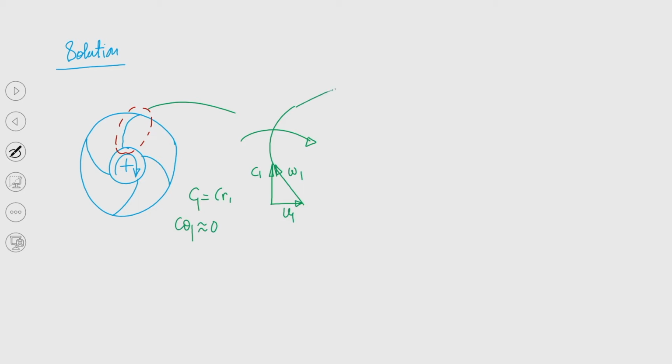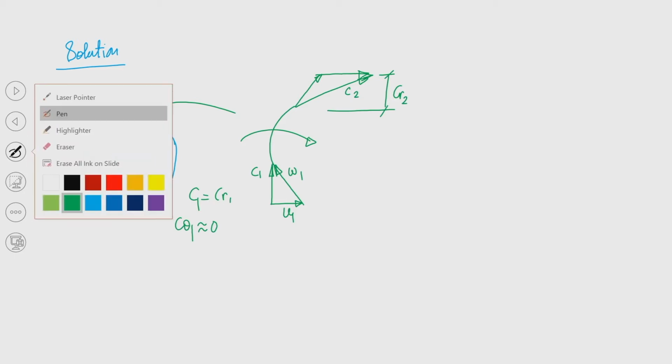So this is C2, U2 is fixed, and this is W2. So this is C2, this is CR2, and if I use a different color, that will help us to understand.